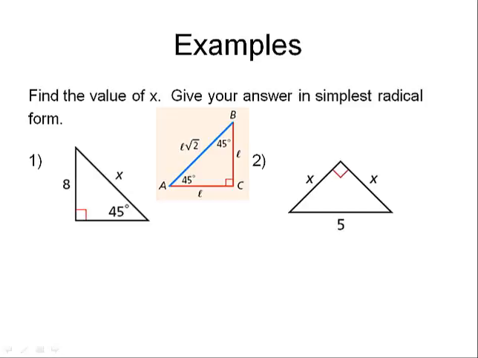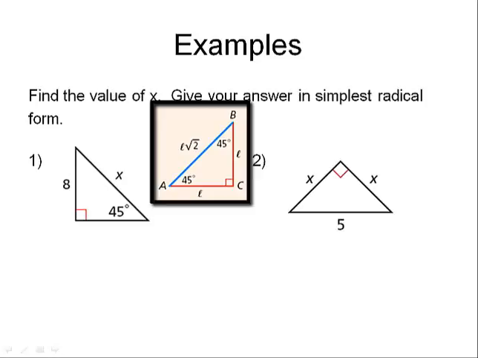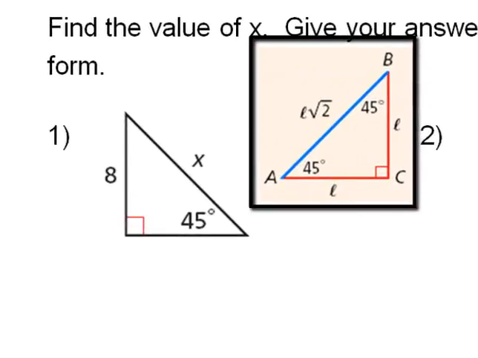Let's take a look at number 1. Notice I put the picture that's in the theorem right here in the middle. And if we look here at problem number 1, I'm looking for the length of the hypotenuse. I do know that the side across 45 measures 8 units.